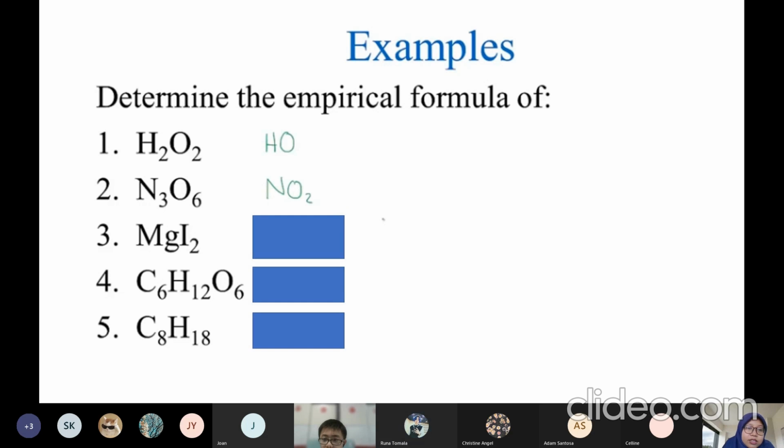Magnesium iodide, MgI2. The molecular and empirical formulae are the same, cannot divide it anymore. Glucose C6H12O6: CH2O, divided by 6.